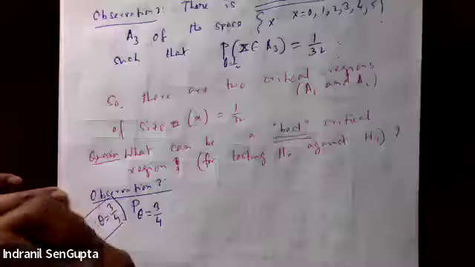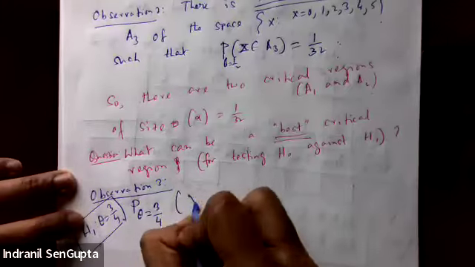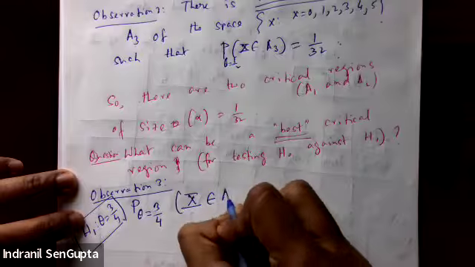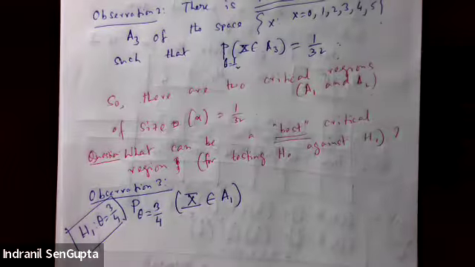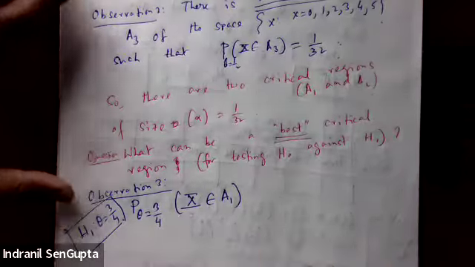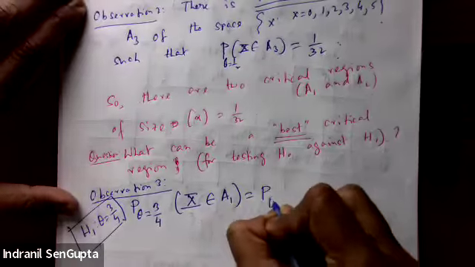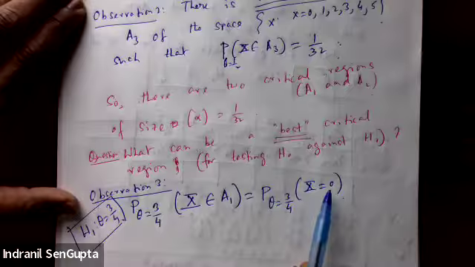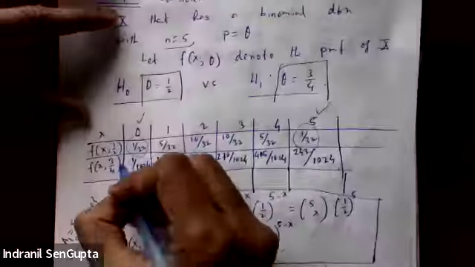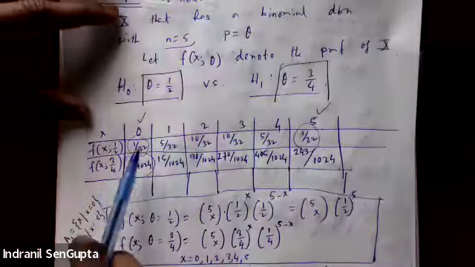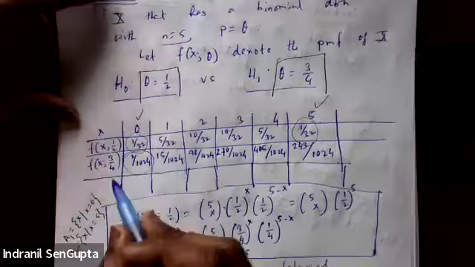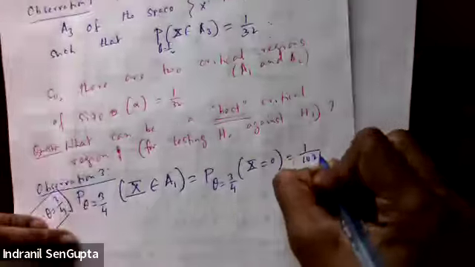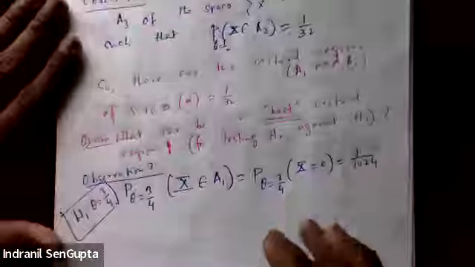With respect to that, let's see what the probability is that x is in A1. This looks very odd, but it's something very simple. It's basically the probability with theta equals 3/4 of x equals 0, right? And we have that right here, this number, 1 over 1024. We found it.